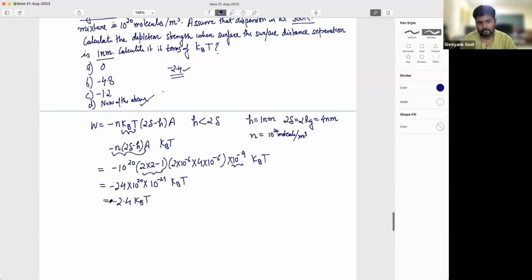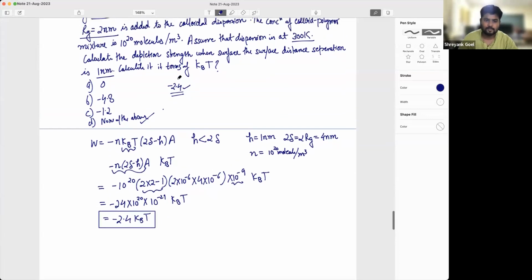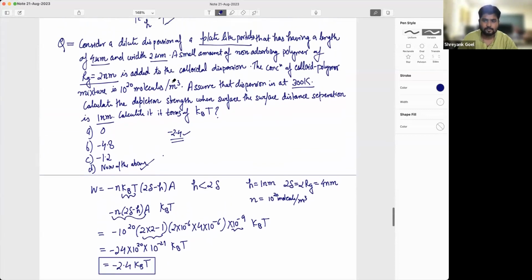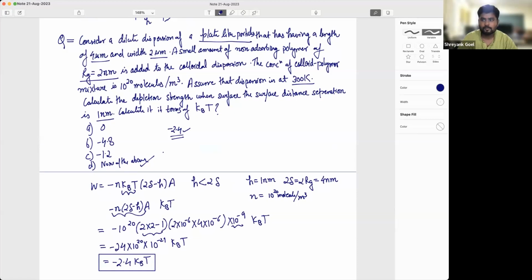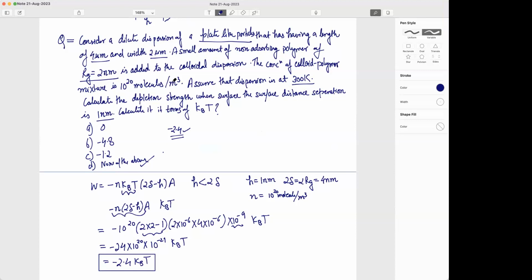Others, are you able to solve this or having doubt in this question? So this could be the last question of this session. And if you have any other doubt, we'll discuss. Taruni, are you able to solve this?